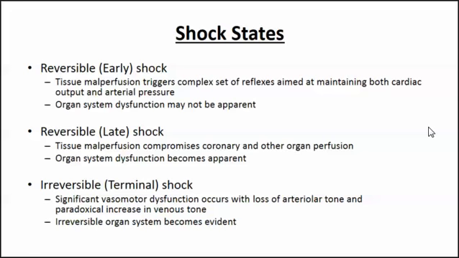At this point, irreversible organ system dysfunction becomes very evident, and whatever injury you have has converted from ischemia to infarct. And the next step is necrosis. And frequently, we don't necessarily catch people in shock till they're in the infarct phase. So all we can really see is them becoming necrotic instead of recovering.